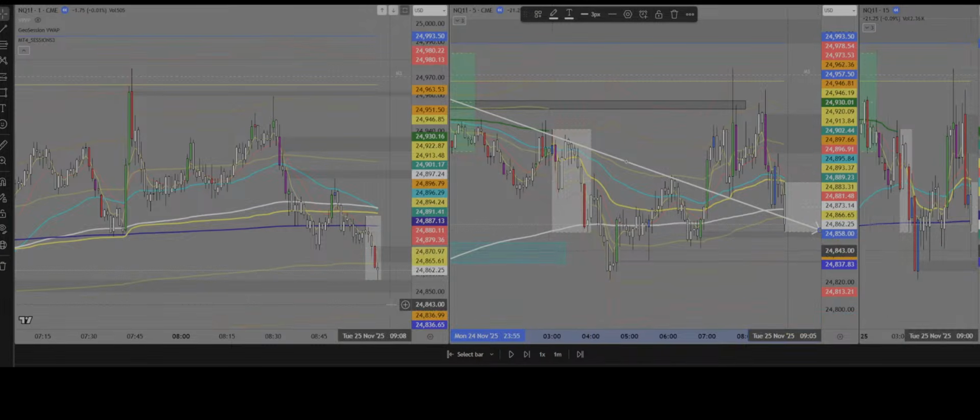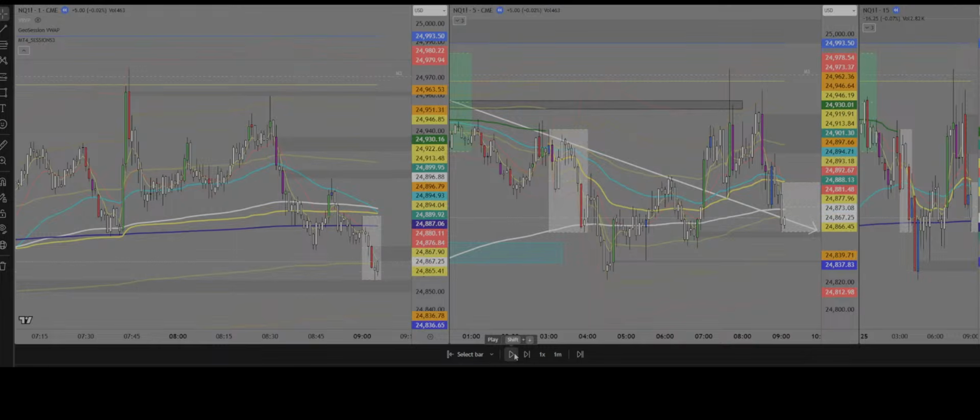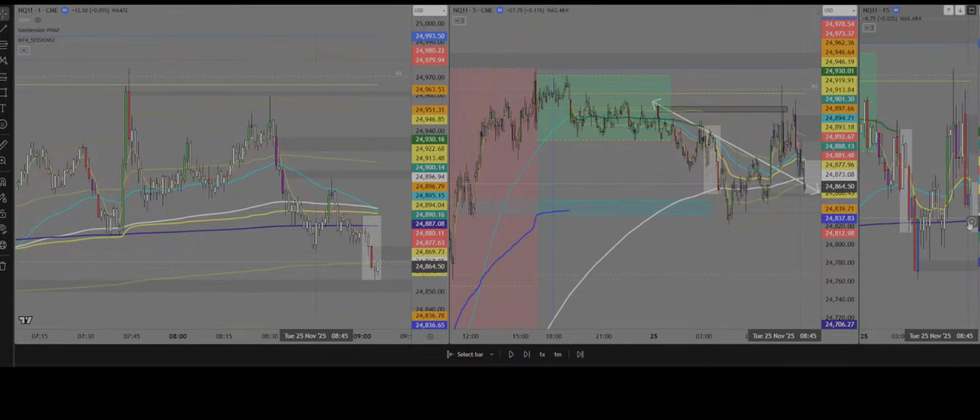Let's see what happens here. Red vector on the 1. Red blue on the 15.